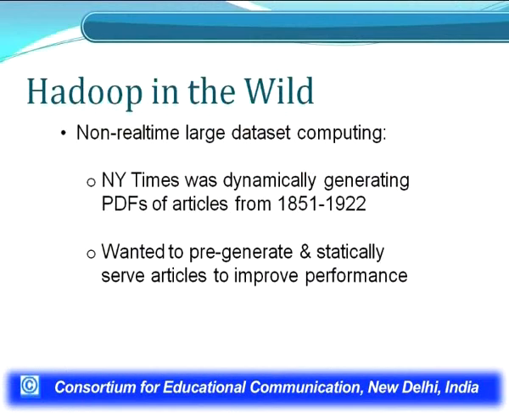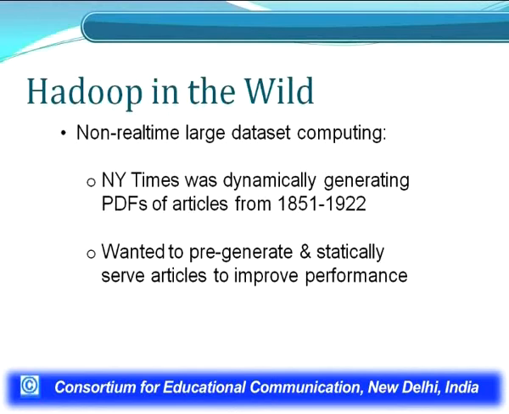So there are a few applications, and something more is going to be there. In this case, you understand that non-real time large data set computing is playing another very important role to detect something.